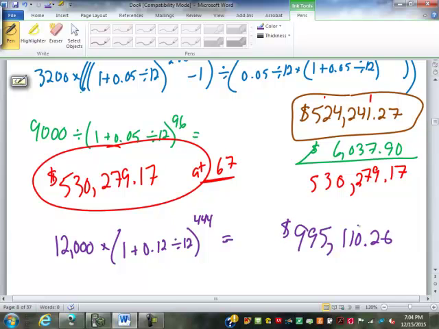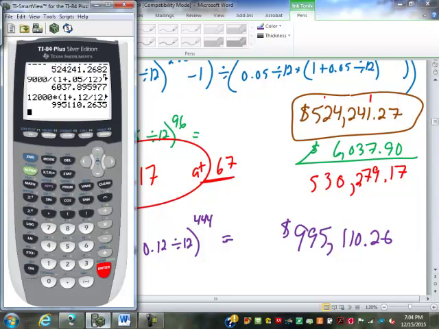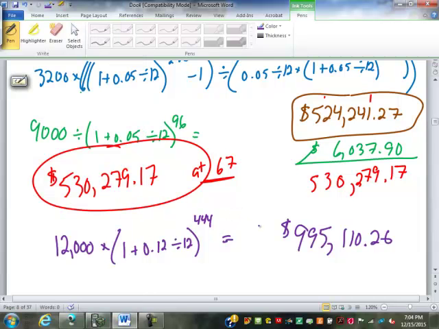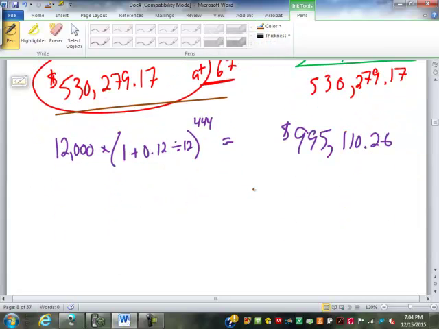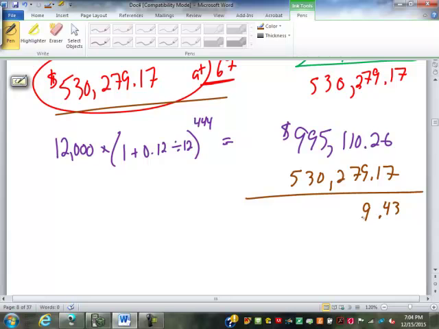That's how much that is actually draining out of that retirement fund by removing that $12,000 lump sum. So we're going to add that to the 530. So what we really need is $1,525,389.43.